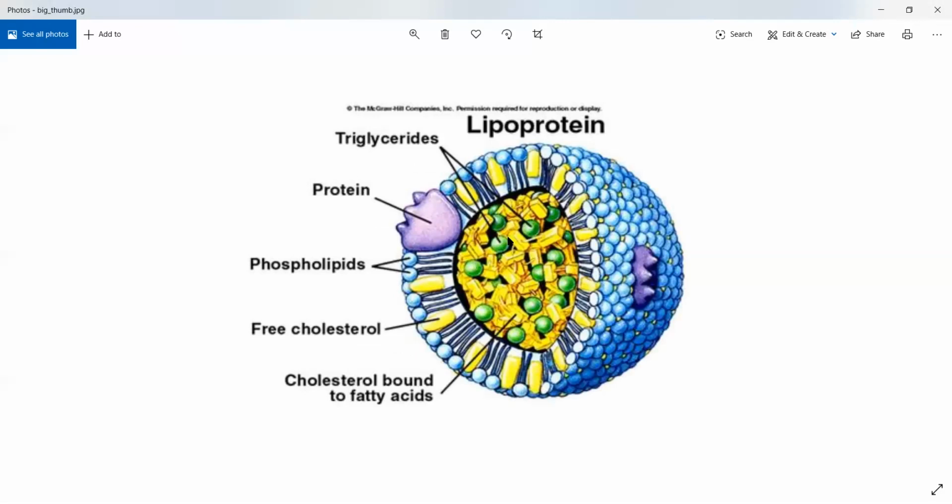And it will make it so that this molecule is able to stably be present in your blood, in a liquid-based solution, because you are transporting something which is water insoluble. You need a transporter that is water soluble. These lipoproteins are special molecules.